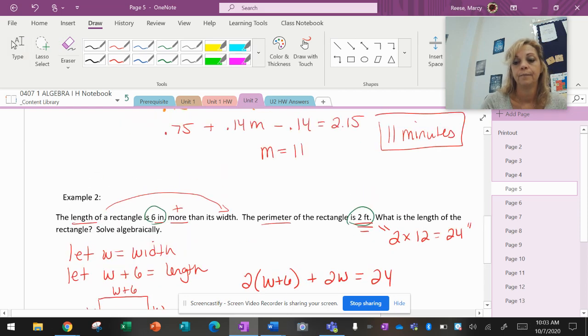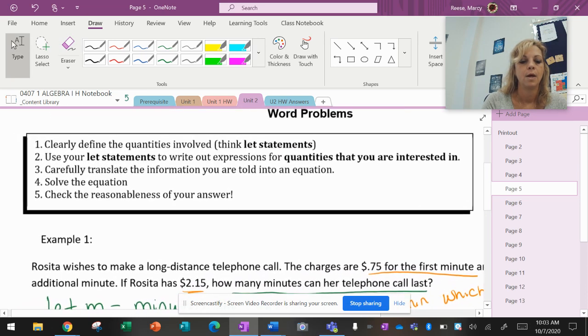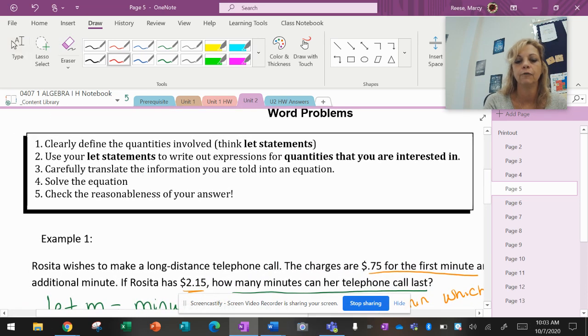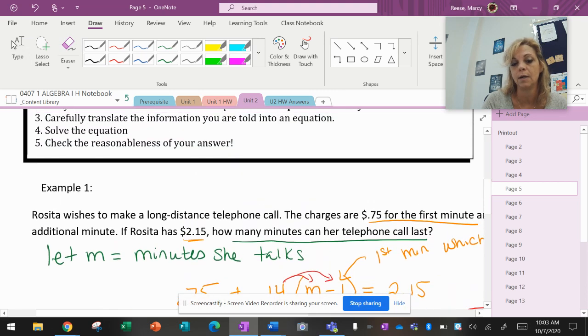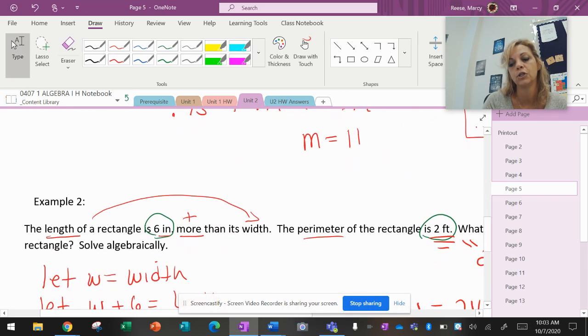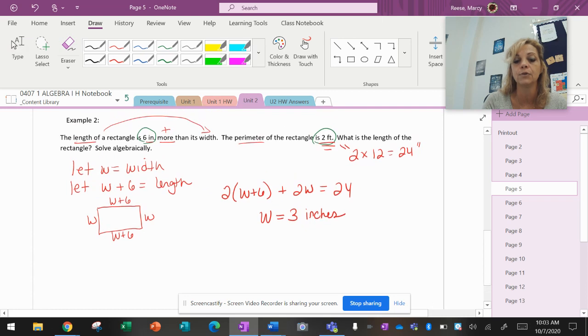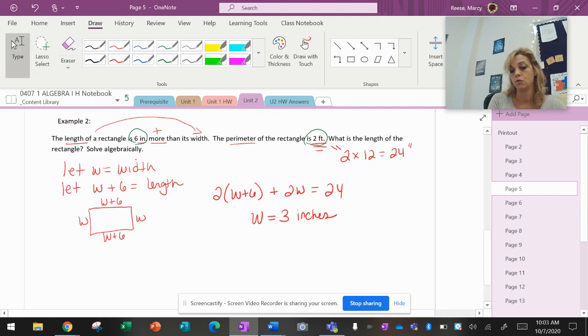All right, now, come back here. And it says, carefully translate the information you are holding into an equation. We did. Solve the equation. We did. 5, check the reasonableness of your answer, which there's a couple of things there. It could be that you end up with negative solutions, which are not true, right? When you're measuring, if you came up with a negative inches, there's something wrong.